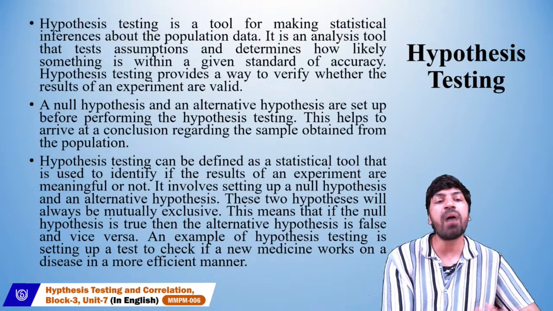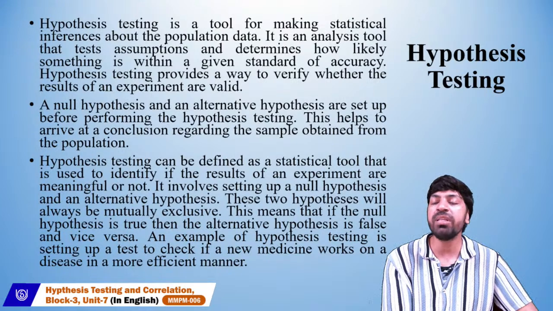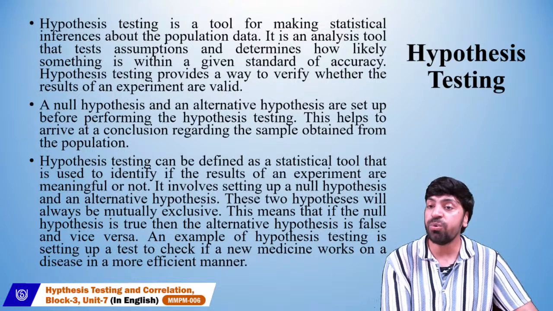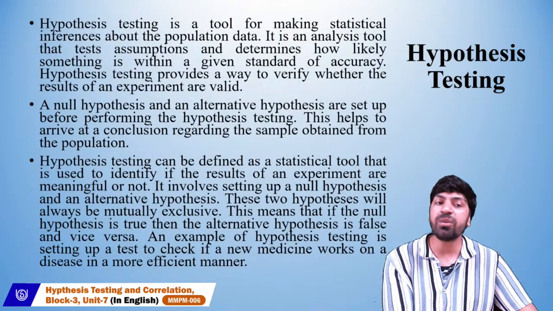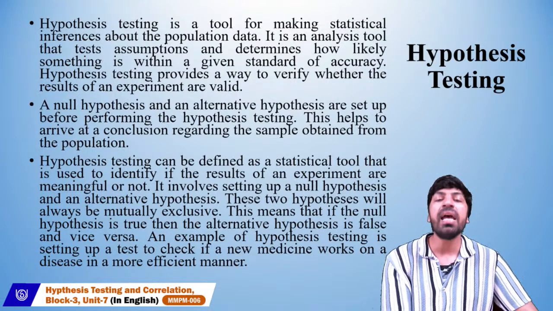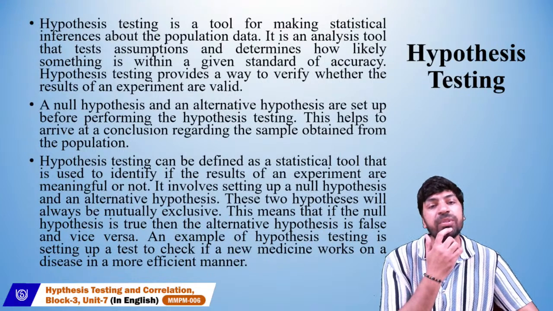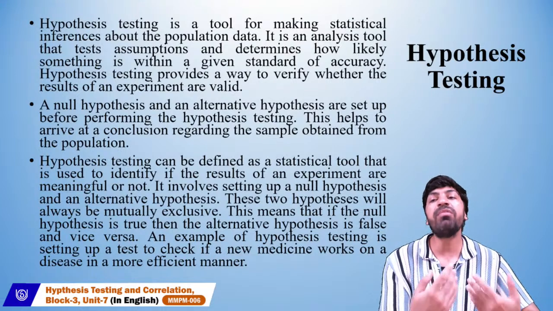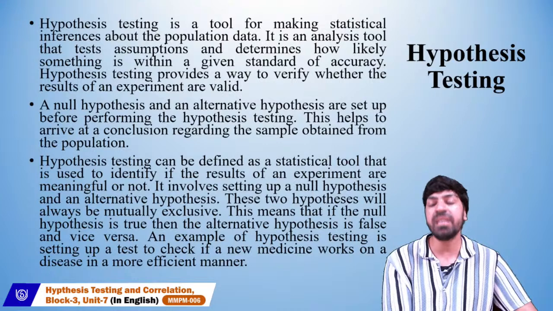So when we talk about hypotheses, we always talk about the ones which are mostly used in testing, that is called the null hypothesis and alternate hypothesis. These types of hypotheses are to be set up before performing any hypothesis testing.